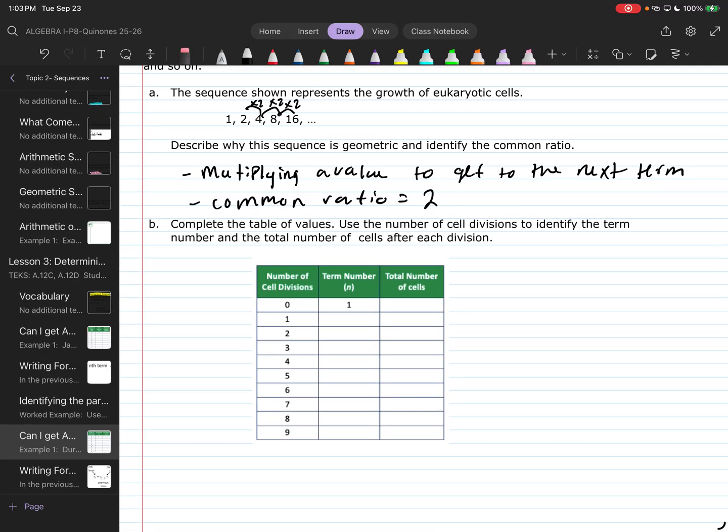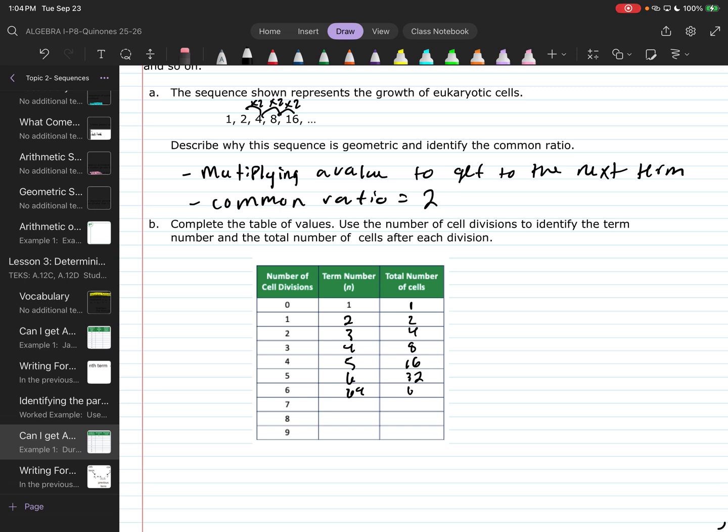Okay, so at 0 cell divisions, how many cells do we have currently? 1. Okay. If there is 1 cell division, how many cells will we have then? 2. Good. Okay, help me out. 4. Okay, next. 8. Okay, next. 16. Okay, next. 32. Next. 64.